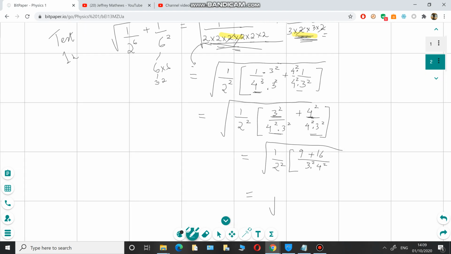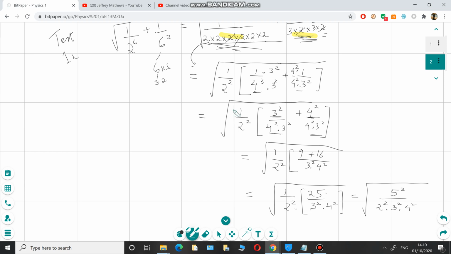So you're left with 1 over 2 squared. 9 plus 16 is 25, and over 3 squared times 4 squared. And what is 25? 25 is just 5 squared. So I can take this one step further, and I can say 25 is 5 squared, and these are all being multiplied, so you can just write them all together in the denominator. 2 squared, 3 squared, 4 squared, all being multiplied.